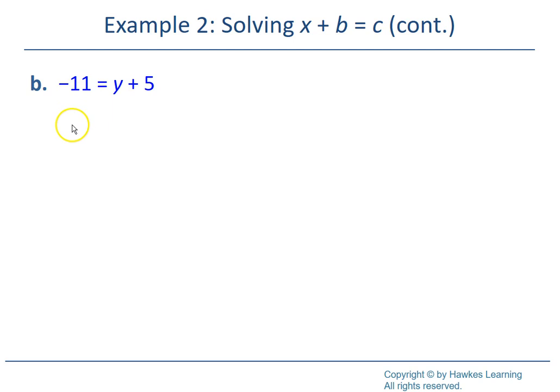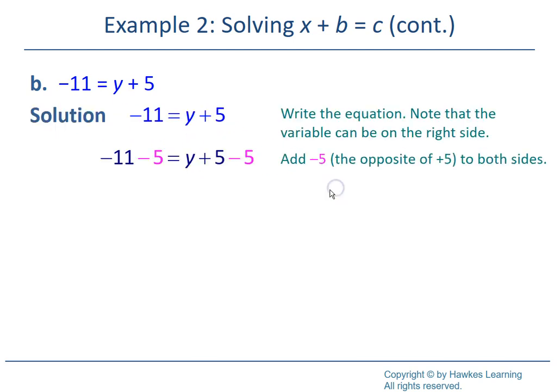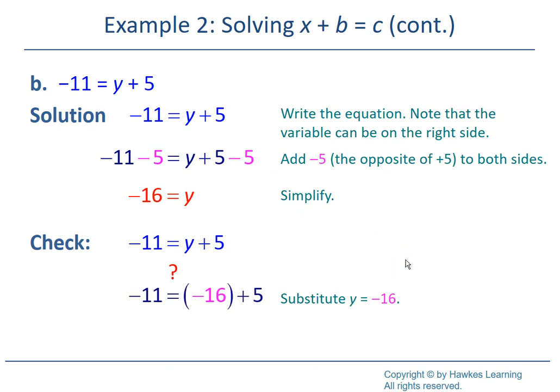This side becomes a negative 16. Our text is going to illustrate it horizontally. So you want to isolate the y by adding the additive inverse, or the opposite, to a positive 5. And there you get your 16. And you'll be doing these in your practice and in your certification.